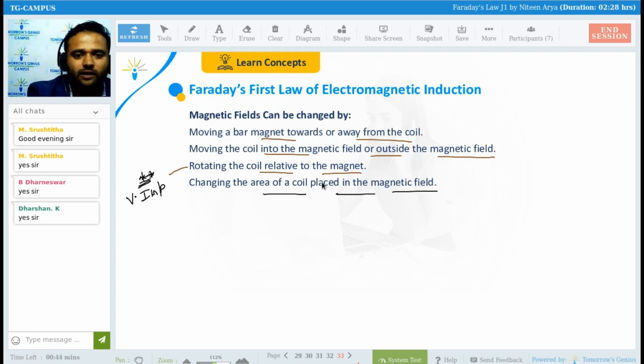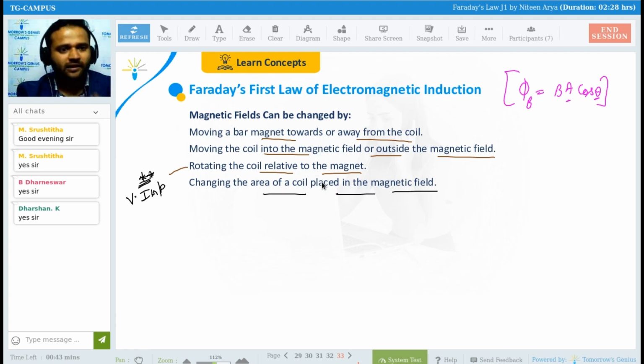So flux is going to change. As we know, flux is related to these three quantities: B A cos theta. So either you change theta with rotation, or you change the area simply by changing it, or you change the magnetic field by the movement of the magnet.